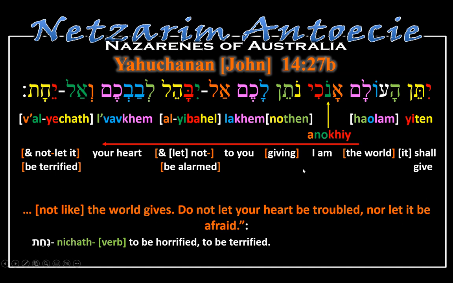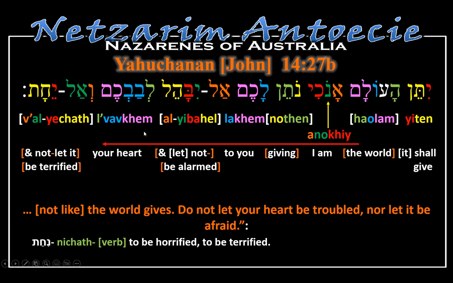Anoki. Anoki means I am. Noten, giving. With the nun, it's like a participle, but also a completed action. Noten, giving. Lakem, to you. Al, not. Yevahel, not, and then we've added let not be alarmed, but literally it's just not shall be alarmed.